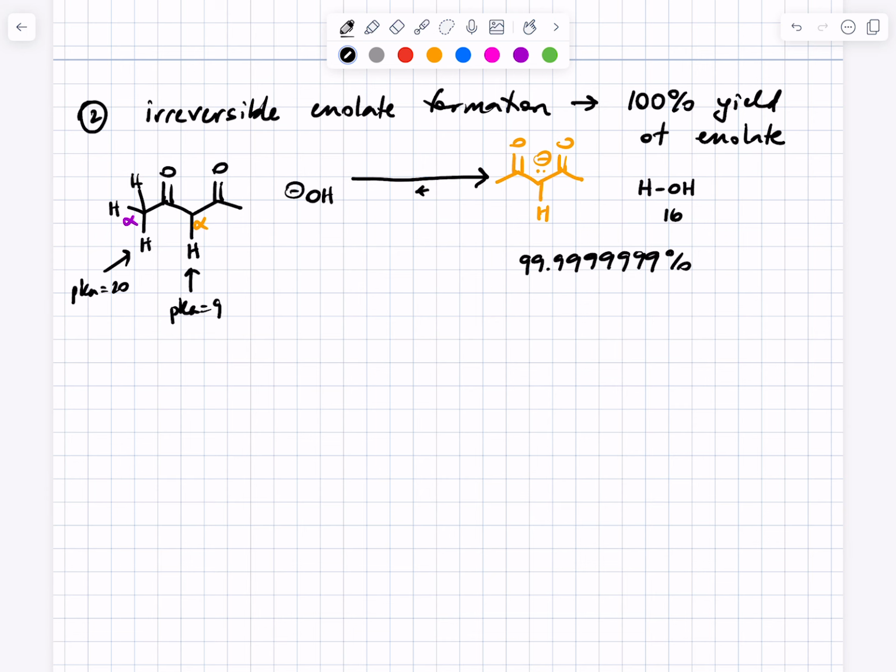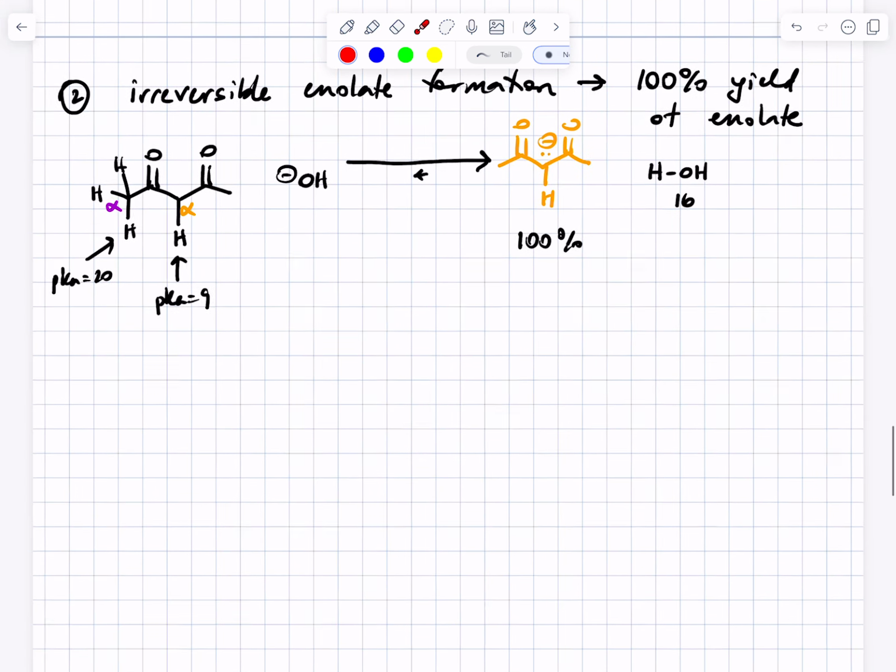I probably got that wrong, but basically we'll just scribble that out and write 100%. Okay? Meaning that, and it's irreversible, meaning that you can't go backwards because the equilibrium constant is so huge that there's not even any of the starting material left.